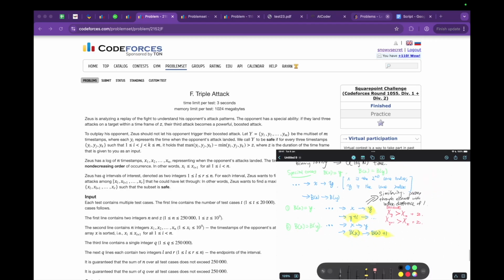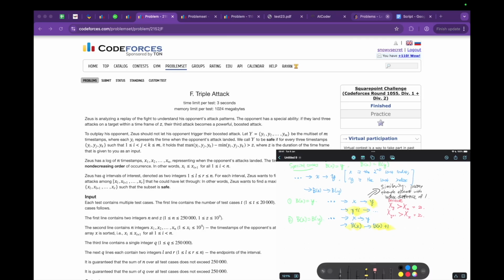Remember that we start our sequence for any query. So like for L to R, we start our sequence by the pair of elements L, L plus 1. Right? So the first two elements must be L and L plus 1. So this is obviously going to be important, but then we now know that for any starting point of a sequence, we might eventually end up in these two special cases.